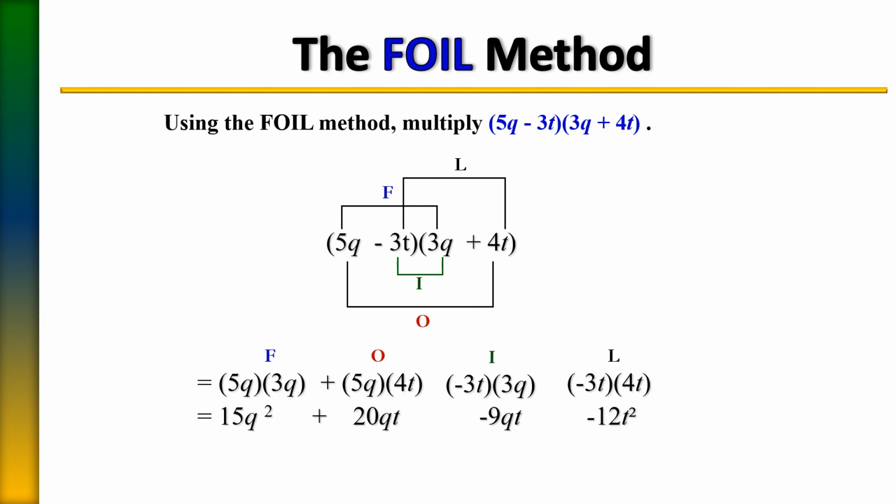Lastly, we're going to combine outer and inner because outer and inner are like terms. That's going to leave me with 11qt. So your final answer is 15q squared plus 11qt minus 12t squared.